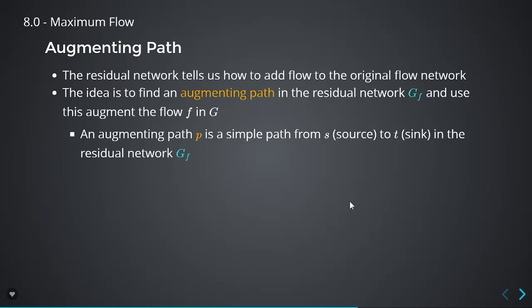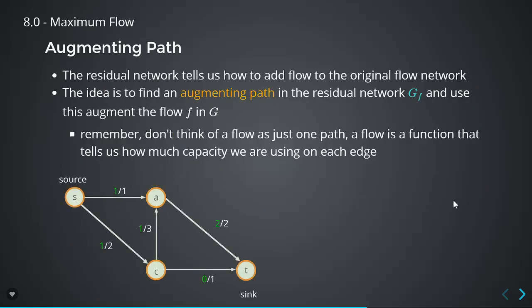And we said that we're going to augment a flow F in G when we're doing this. So we're finding an augmenting path in the residual network G_F, and then we use that to augment the flow F in G, the original flow that we have.